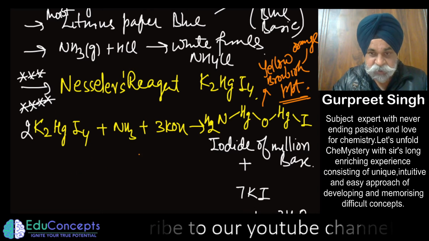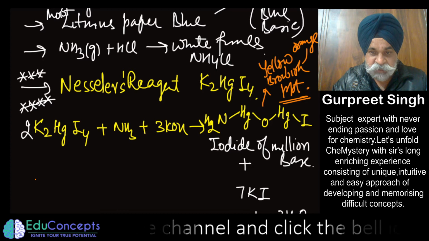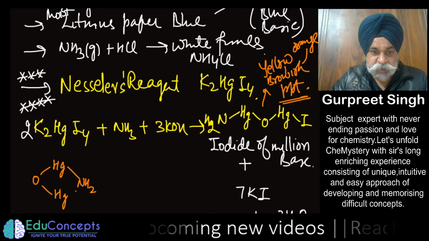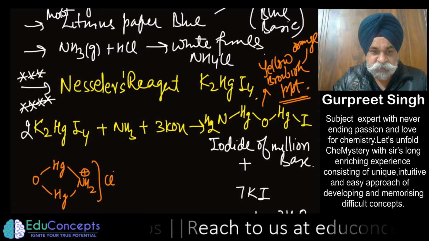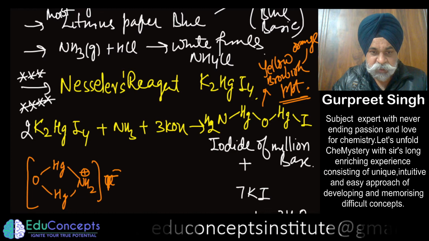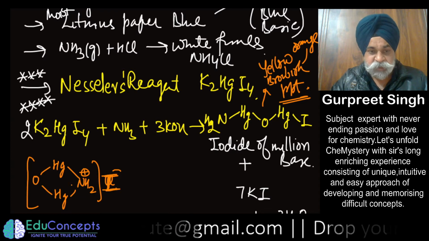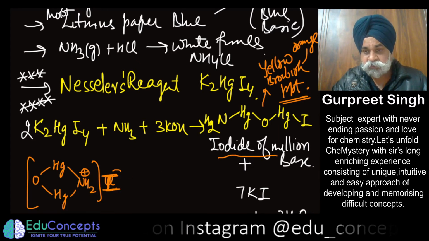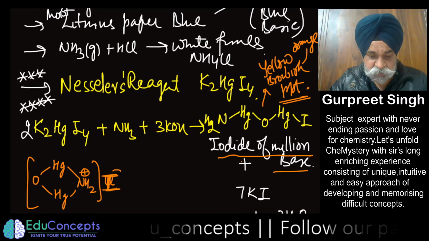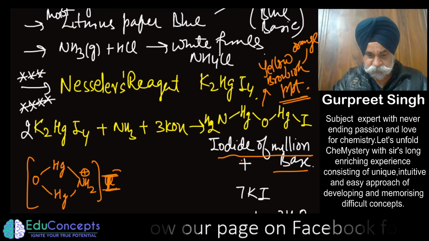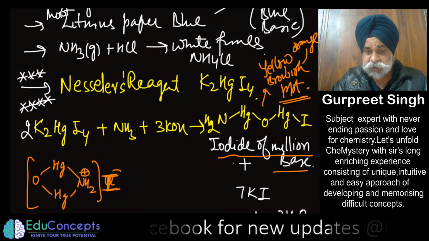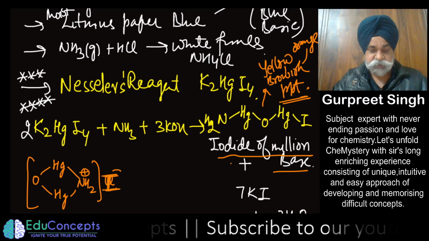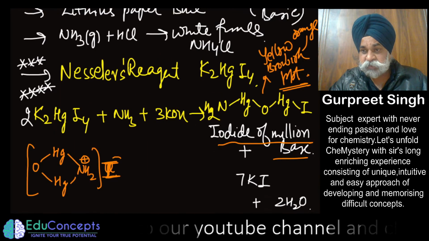Some of the books also refer to it with this sort of complex, but to me the first one is better. Oh, sorry, iodide is there. Here I am able to see a sort of angle strain, but any of these could be used. So when you treat Nessler's reagent with ammonia, you end up getting brown, yellowish-brown precipitates. Now let me go into the chemical properties.